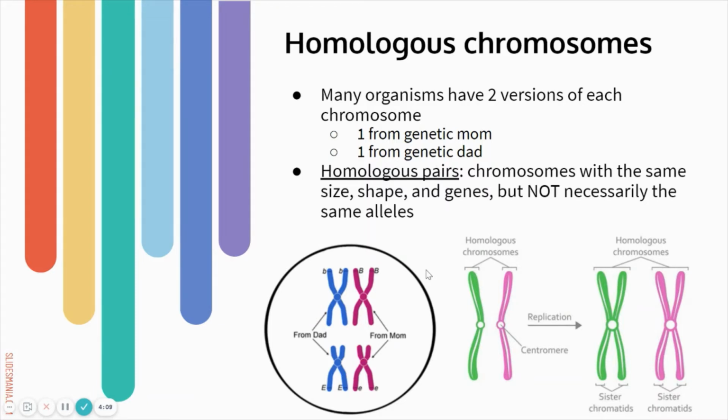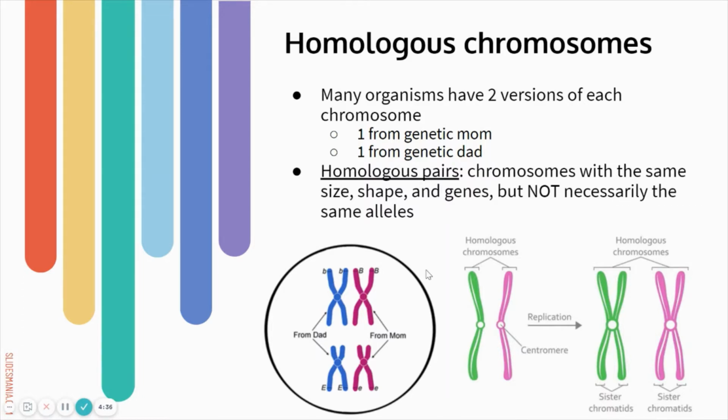So a homologous pair of chromosomes are chromosomes that have the same size, they're the same shape, they contain the same genes. So if we're thinking about a chromosome that has a gene for whether you have dimples or not, both of the chromosomes are going to have that gene on it. If we're thinking about a gene that contributes to your hair color, both of the chromosomes are going to have that hair color gene on it.